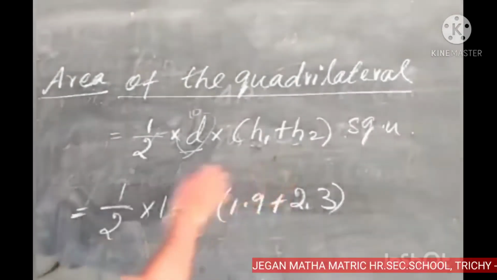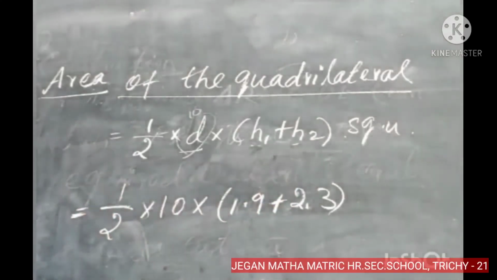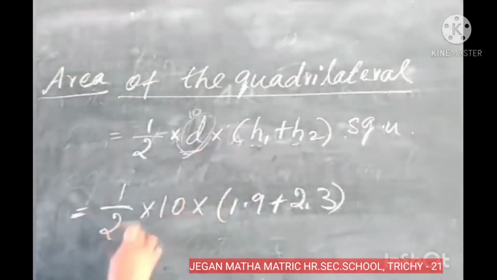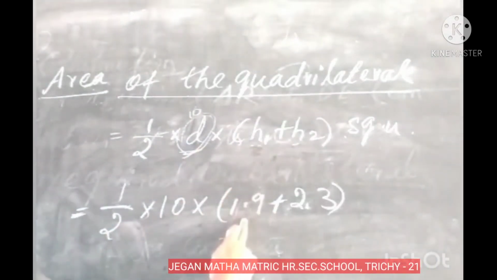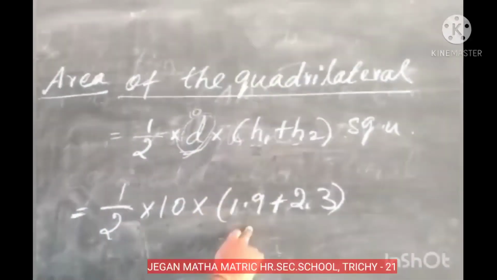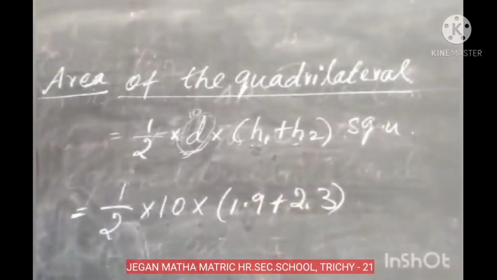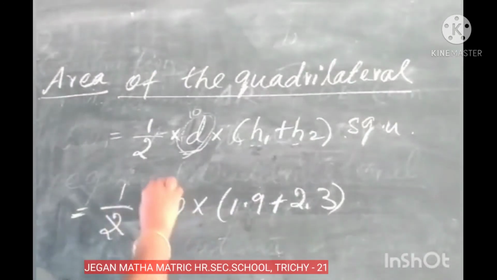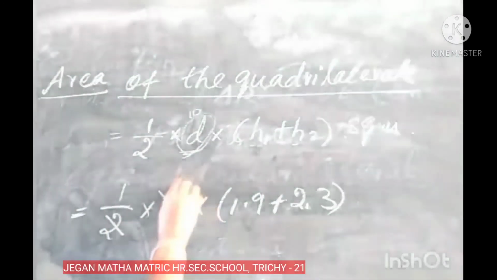Then after finding these, you just apply all the values. The diagonal is already given in the sum as 10 centimeter. Half into 10 into h1. For this sum, h1, height 1, is 1.9, and height 2 is 2.3. After this, you just simplify. Cancel the 2 and 10, that is 5.